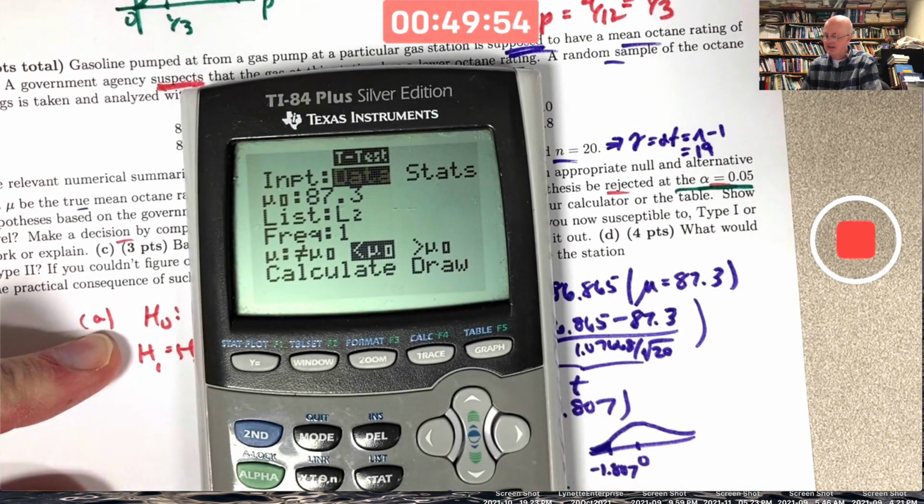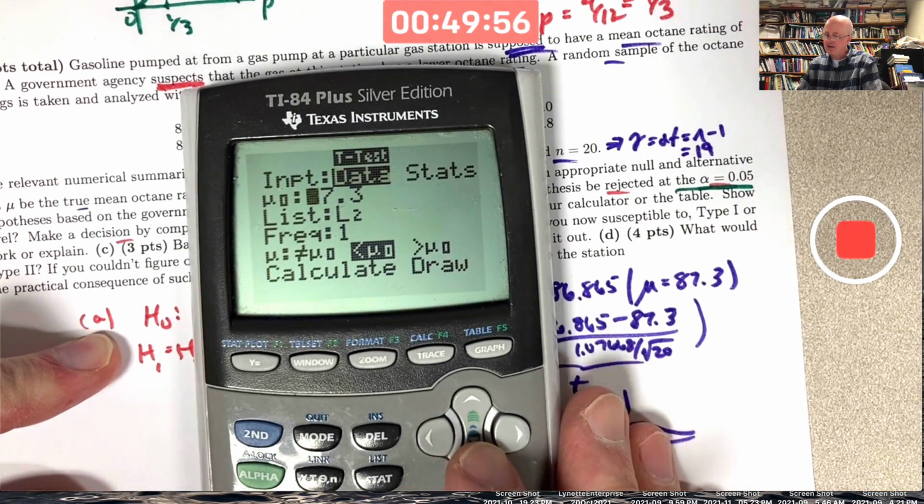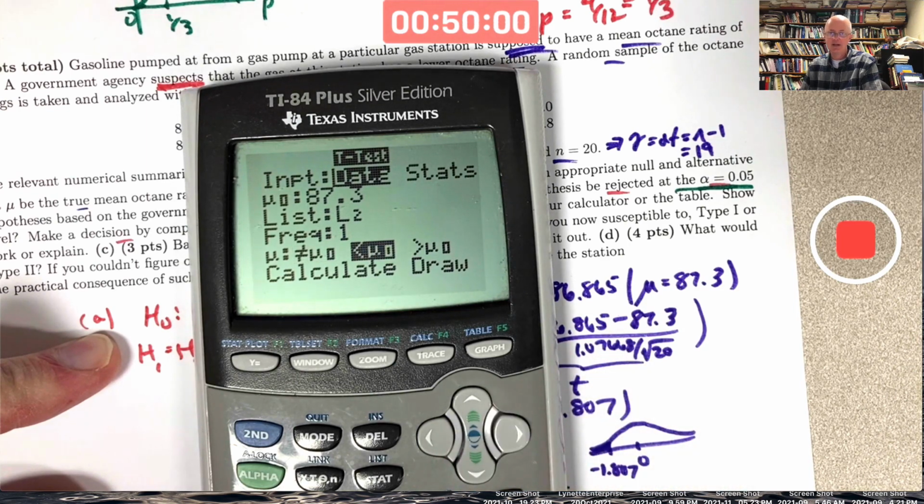And I can just use the data. The null value is 87.3, it's list 2, frequency is 1, it's a left-tailed test.